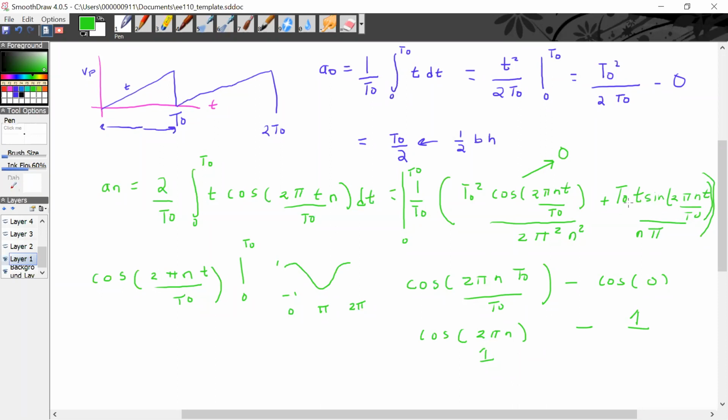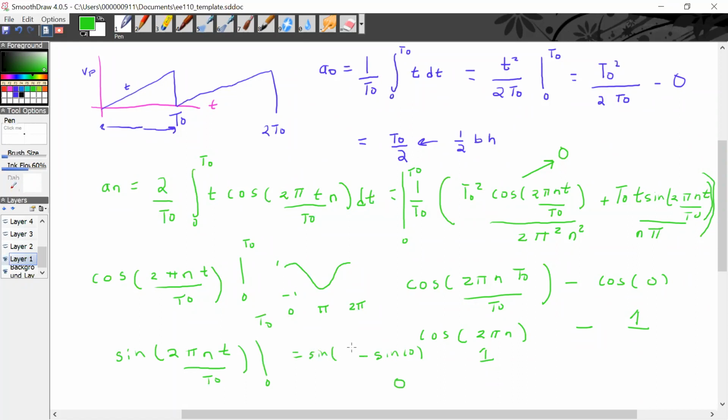Let's look at the sine. When we evaluate this at 0, it's always 0.